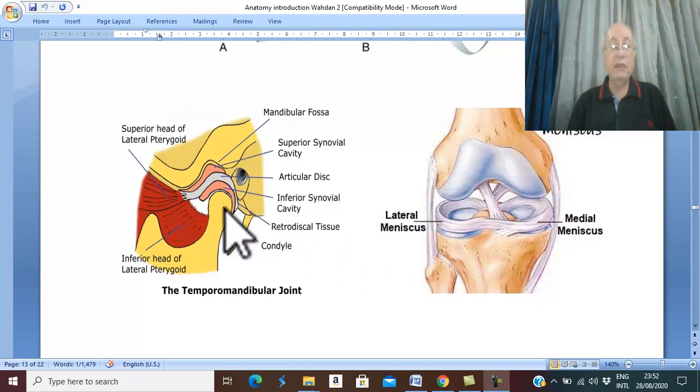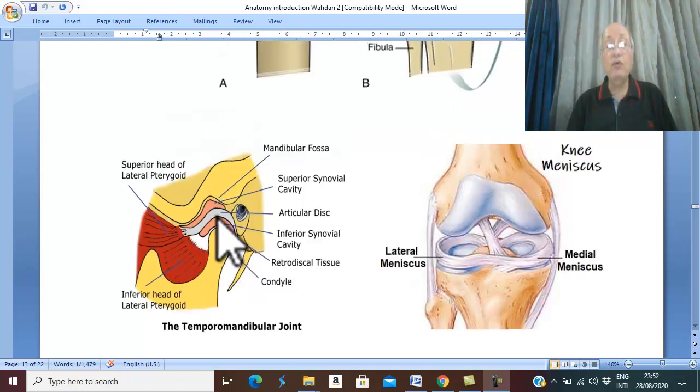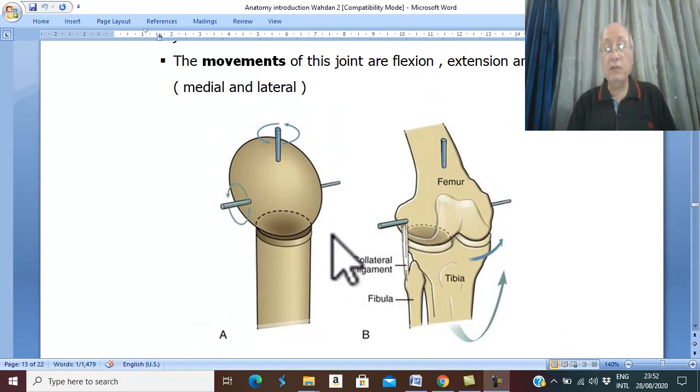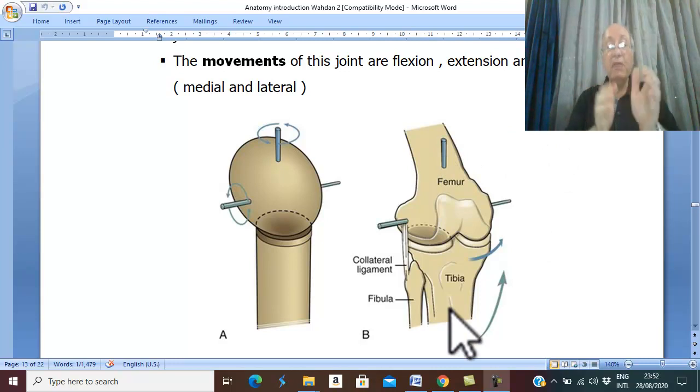And the joint between the head of the mandible, or condyle of the mandible, and the temporal bone is called the temporomandibular joint. Condylar or bicondylar joints allow movement around a transverse axis, flexion and extension, and around a vertical axis, medial and lateral rotation.